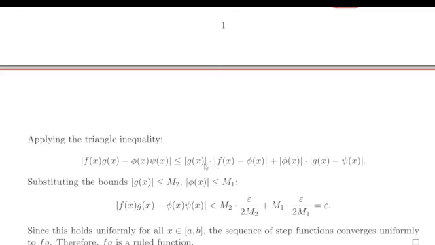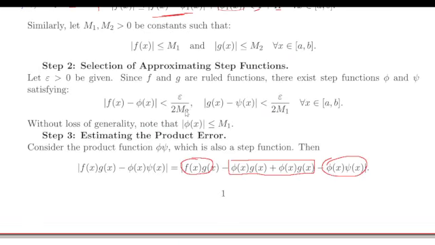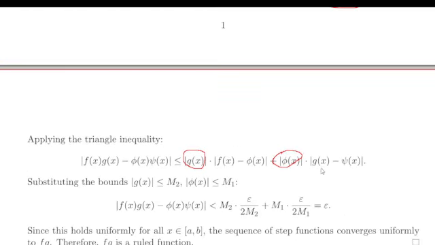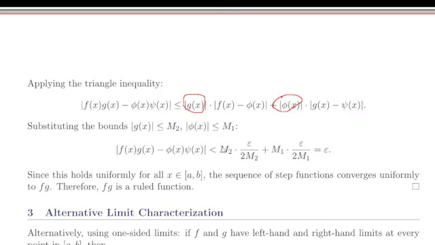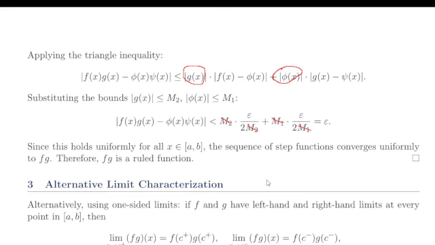The absolute value of g of x is less than or equal to m2, and the absolute value of phi of x is less than or equal to m1. So these are just going to be m2 and m1 respectively. Then the absolute value of f of x minus phi of x is less than epsilon over 2 m2, and the absolute value of g of x minus psi of x is less than epsilon over 2 m1. And so the m2 and the m1 are going to cancel. Epsilon over 2 plus epsilon over 2 is equal to epsilon.